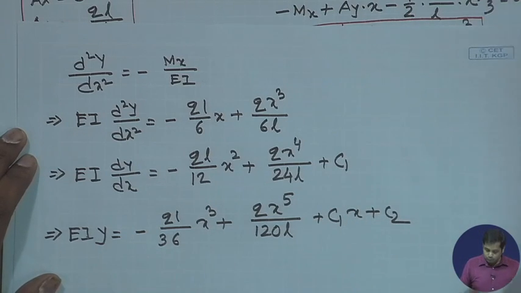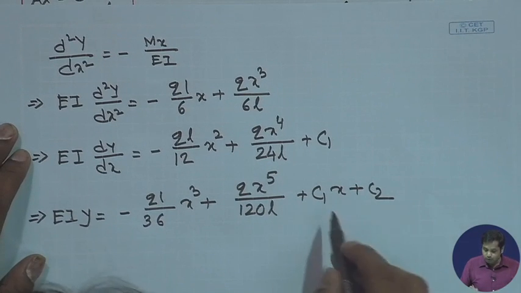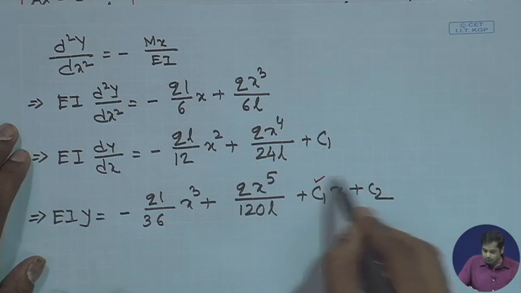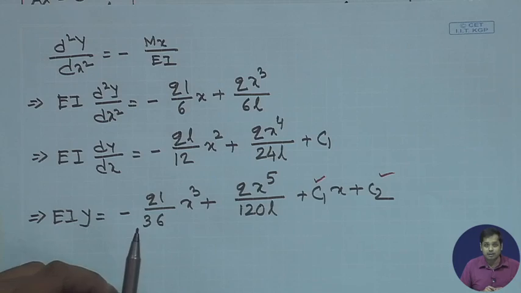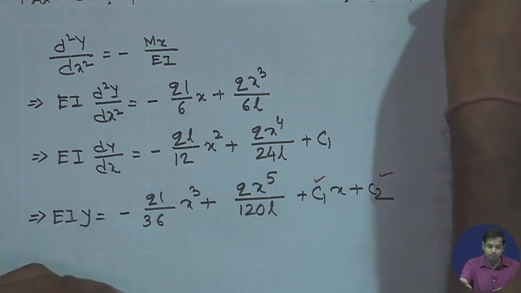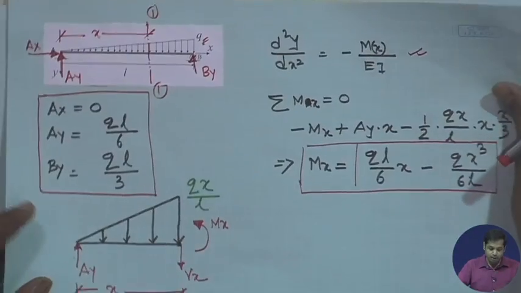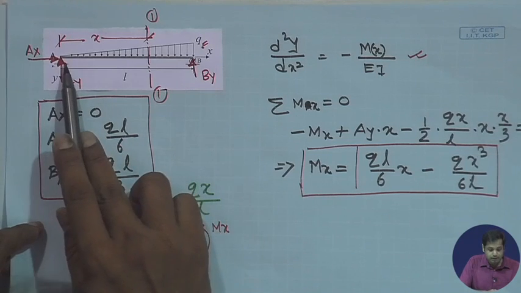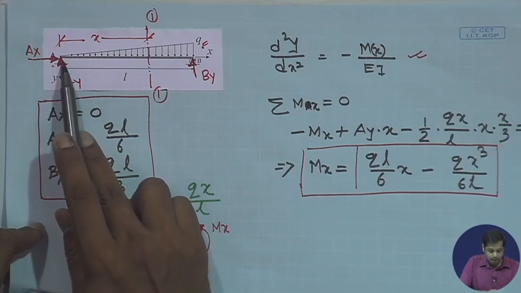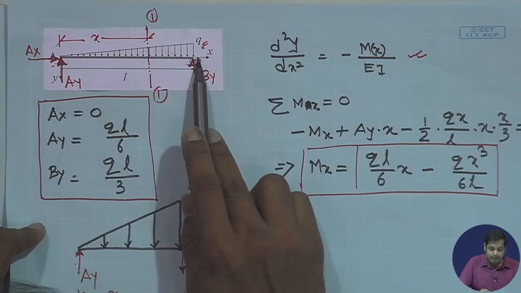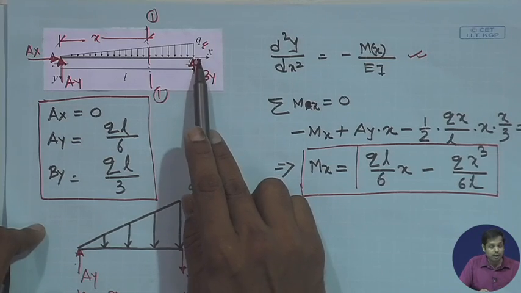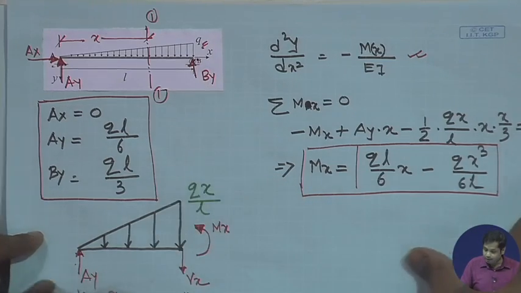Now, we have two constants C1 and C2. These two constants need to be determined. So, we need two boundary conditions. What are the boundary conditions we have? The boundary conditions are at x equal to 0, means at A, y is equal to 0, and at x equal to L, means at B, again y is equal to 0.